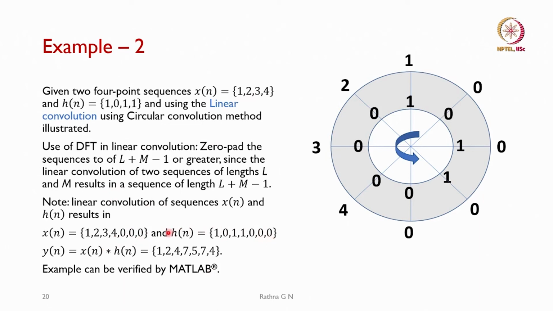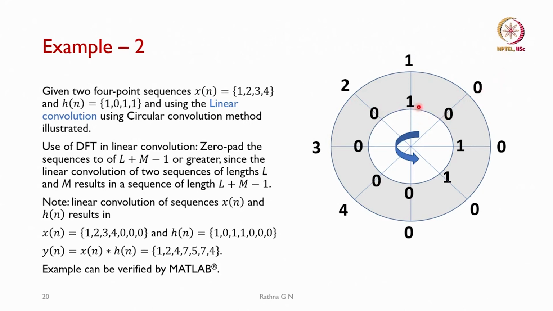Although we have the equal length, to simplify, if I want to compute a power of 2, then I have to make them 8. As you will be seeing, the 2 concentric circles I have divided into 8 parts. So, we will be putting 1, 2, 3, 4 and then 4 zeros that we will be padding instead of 3 zeros.